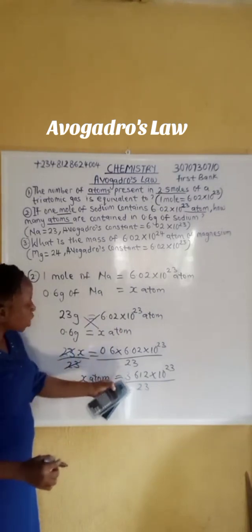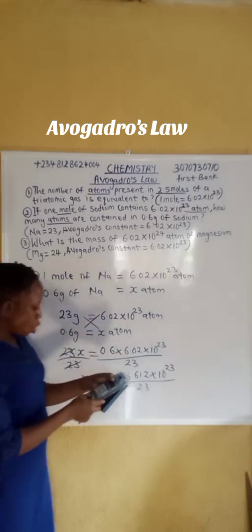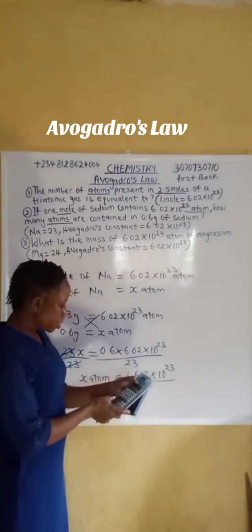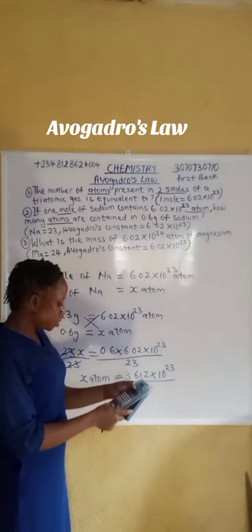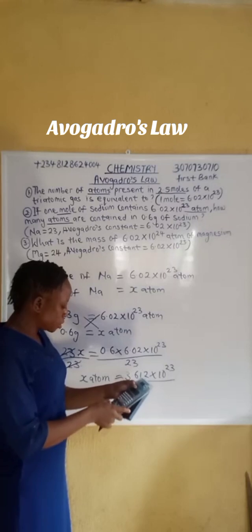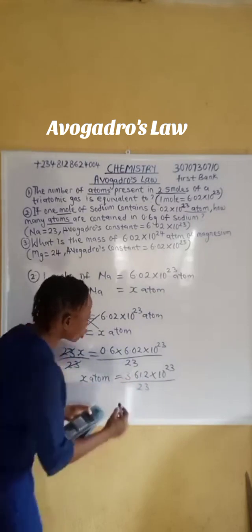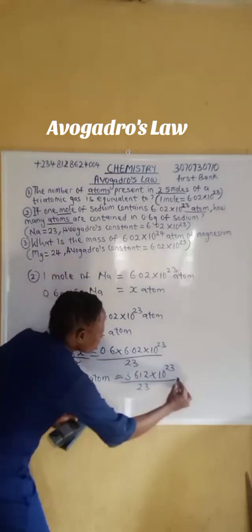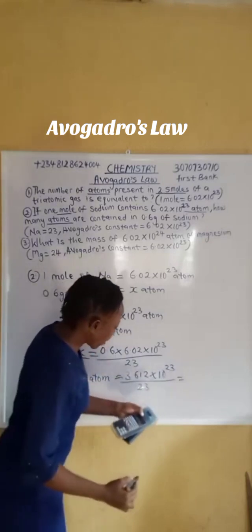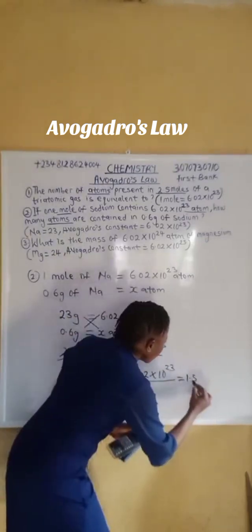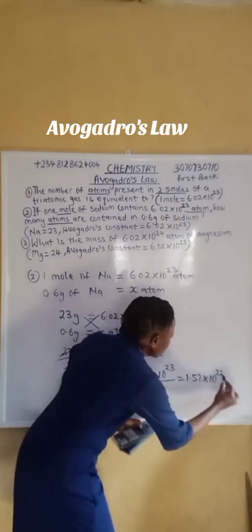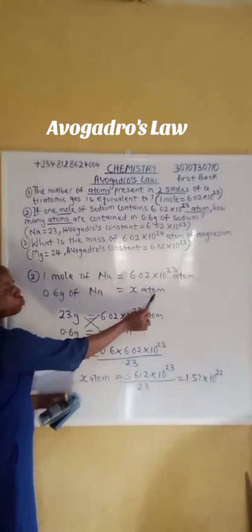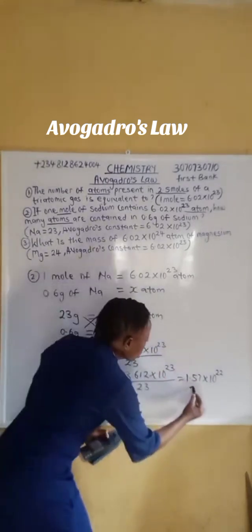So the final answer equals 1.57 multiplied by 10 raised to power 22. Then what will be our unit? That is atom, because we are looking for the number of atom.